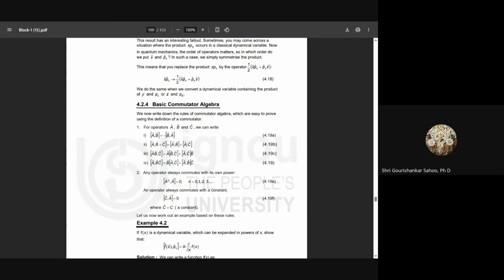[A, B + C] is equal to [A, B] plus [A, C]. [A, BC] is equal to [A, B]C plus B[A, C]. And [AB, C] is equal to A[B, C] plus [A, C]B, as shown in the screen. Any operator always commutes with its own power. [A, A to the power n] will give you 0. [A, A] in the bracket will give you 0.